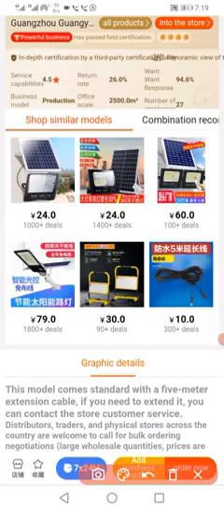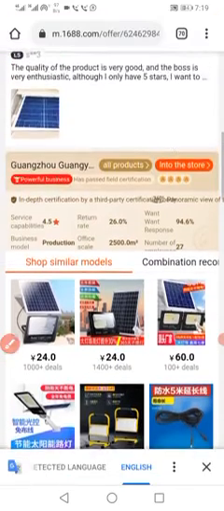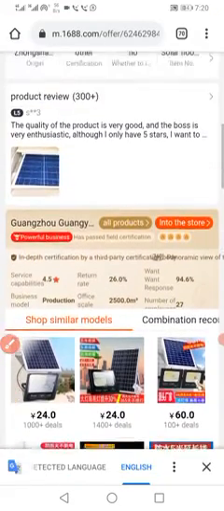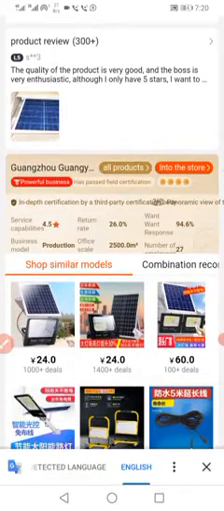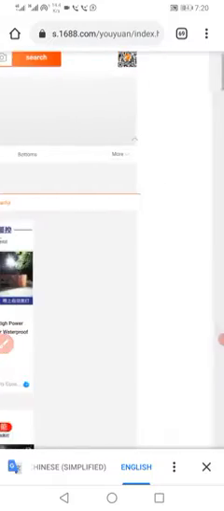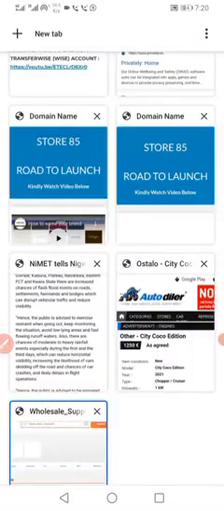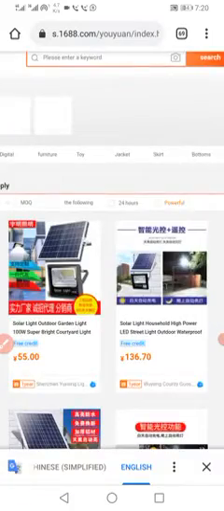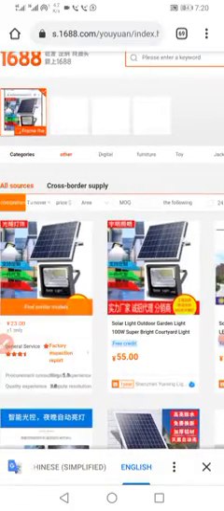Now we move on. The third thing to look at is the star rating, this aspect. Sorry, I think the page just backed out. Let me relaunch the page.